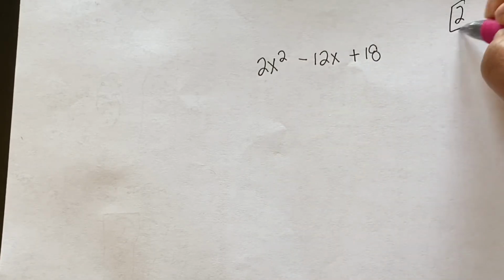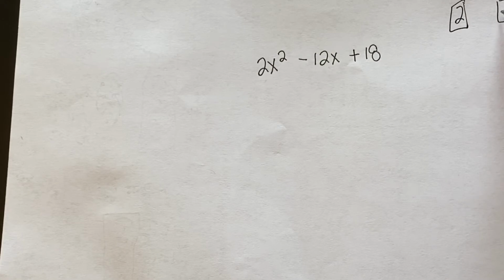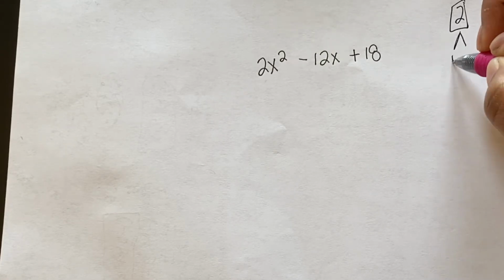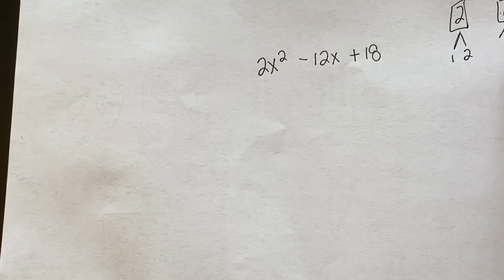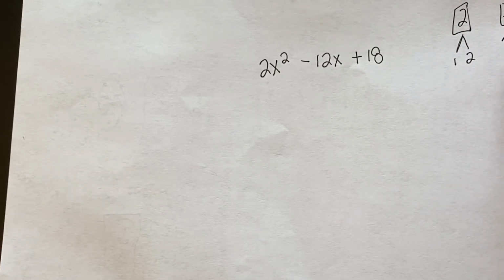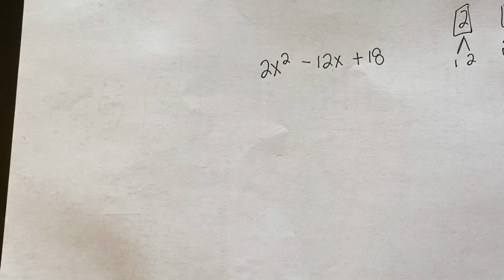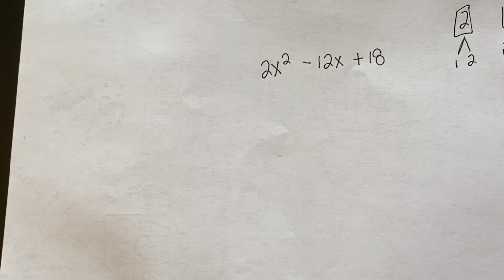2 has common factors of 1 and 2. 12 has common factors of 1 and 12, 3 and 4, 2 and 6. 18 has factors of 1 and 18, 3 and 6, 2 and 9.